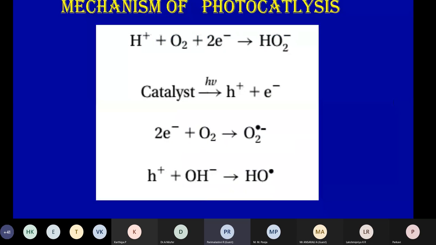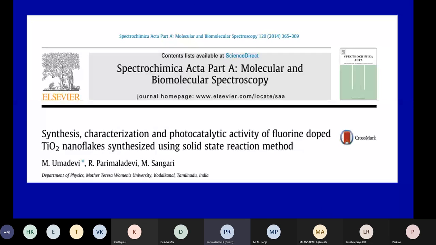So to understand this photocatalysis well, now we can discuss another work: synthesis, characterization and photocatalytic activity of fluorine doped TiO2 nanoflakes synthesized using the solid state reaction method. Here we use titanium oxide as a photocatalyst.